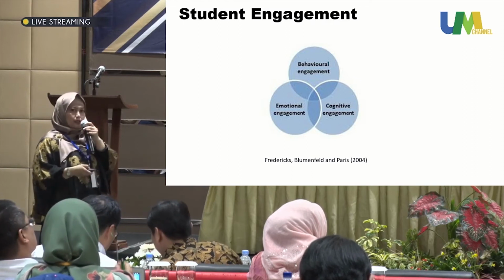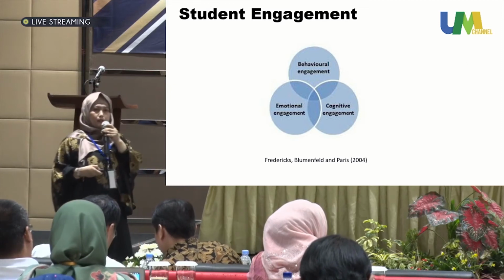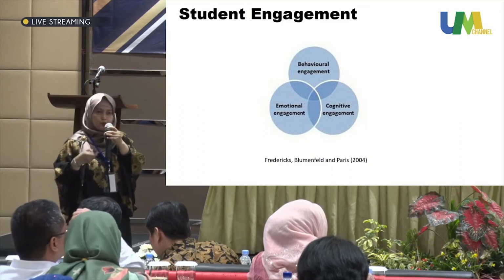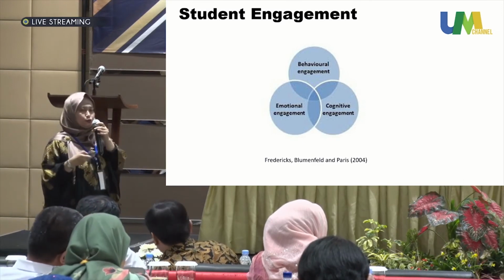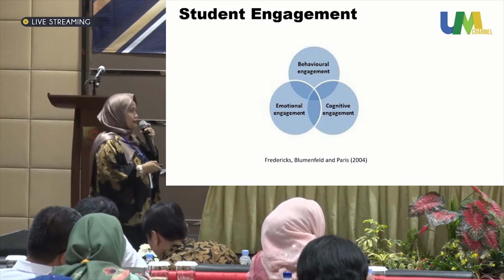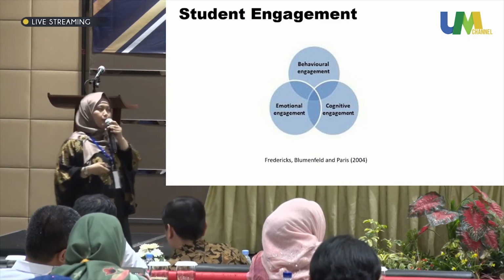In the traditional classroom, we always say that the engagement of our students is increased, but we have to underline that student engagement itself is divided into three parts: behavioral engagement, emotional engagement, and cognitive engagement.